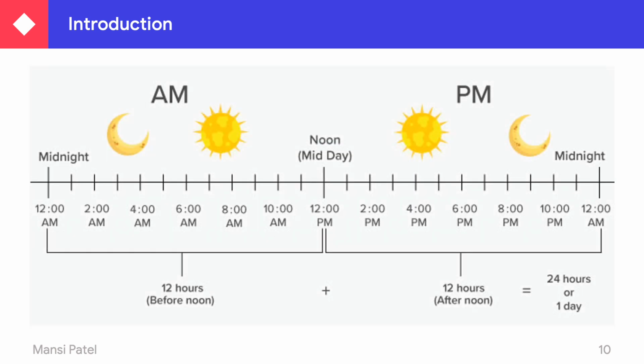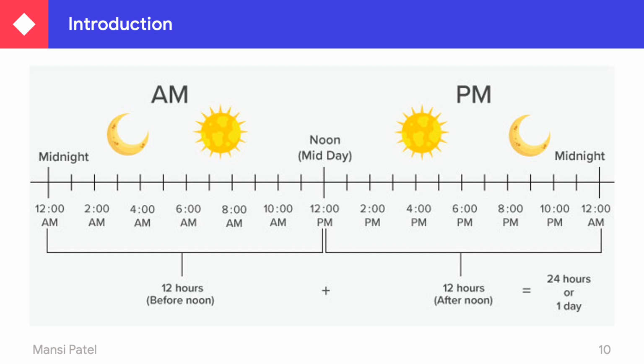See this AM and PM, where we are using them. See in the picture 12 midnight. So we just write 12 midnight or 00.